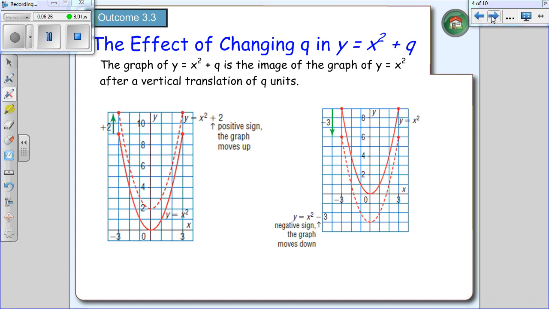Diagram on the left: notice that we have a positive 2 added on to x squared. That's why our dotted line went up 2. The next one, we have a -3, so it's x squared minus 3. Our regular graph went down 3. Easy, right? Beautiful.